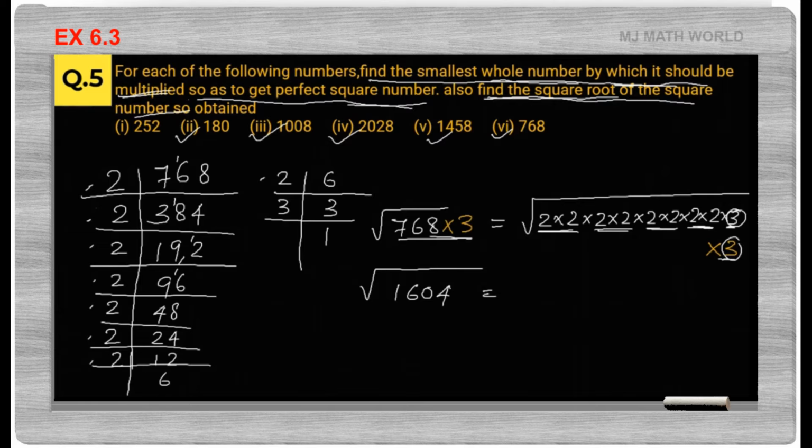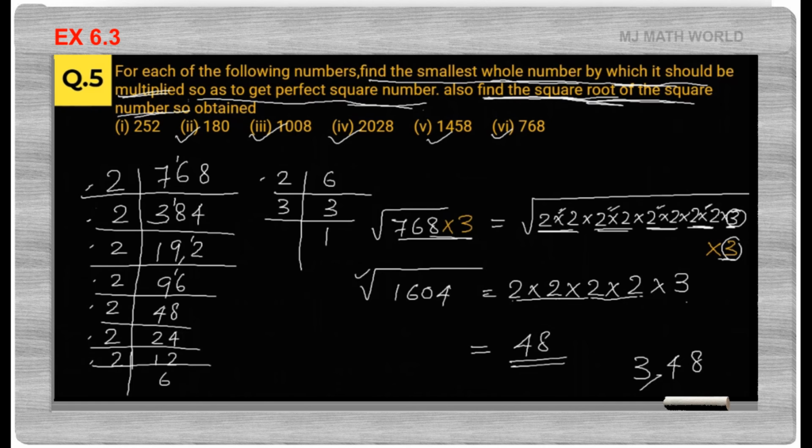We will choose one number from each pair: 2 into 2 into 2 into 2, and from the last pair one number, that is 3, which is equal to 2 into 2, 4, 4 into 2, 8, 8 into 2, 16, 16 into 3, 48. The answer is 3 and 48.